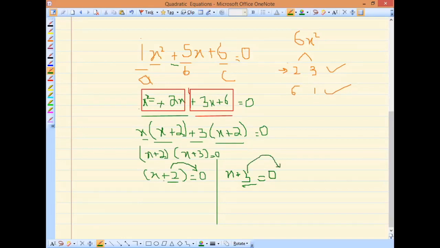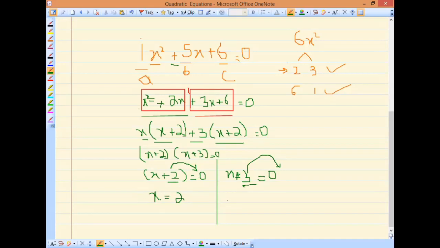As we all know, when we shift any number from left to right, the sign changes. So here the sign of 2 is plus, and here the sign of 3 is also plus. So when we shift it to the other side, it will change to minus 2.